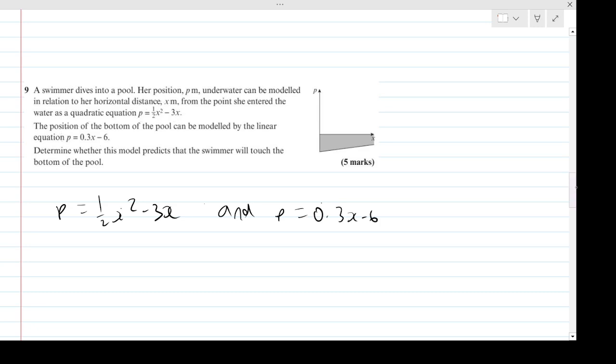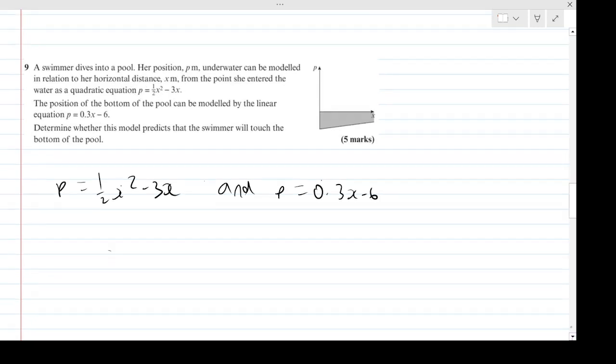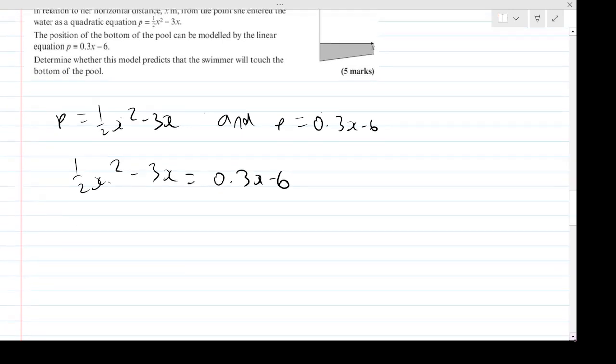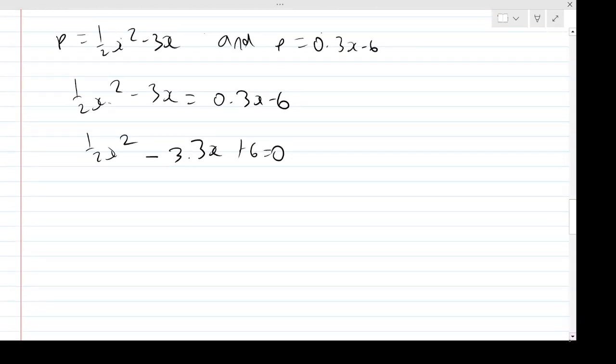So we want to see if ever the swimmer's position crosses the position of the base of the pool. So we set them equal to each other. A half x squared minus 3x equals 0.3x minus 6. So then we get a half x squared, take away 3.3x, add 6 equal to 0. We can test if there are any solutions by doing the discriminant.